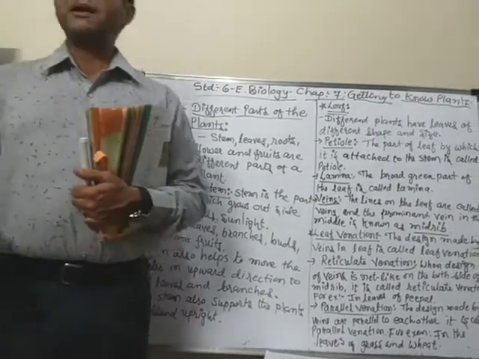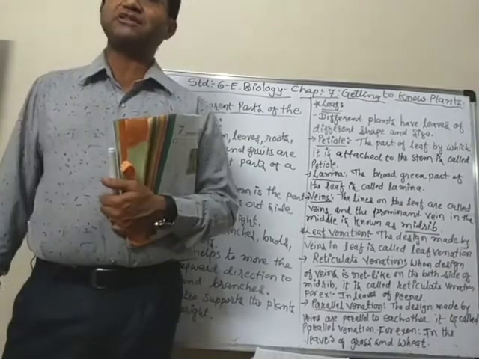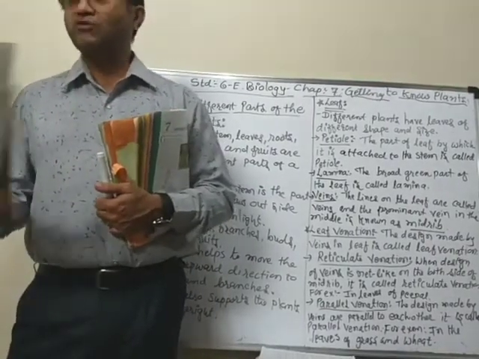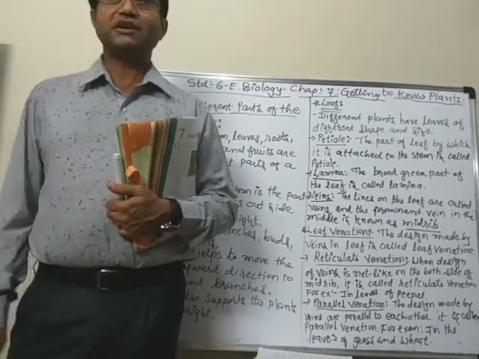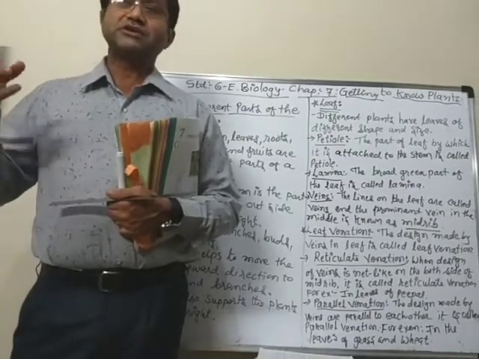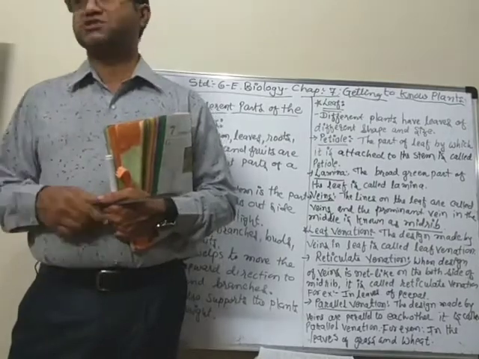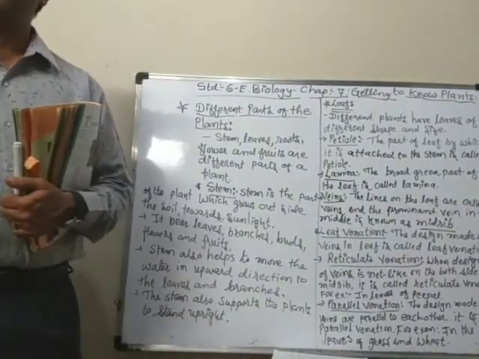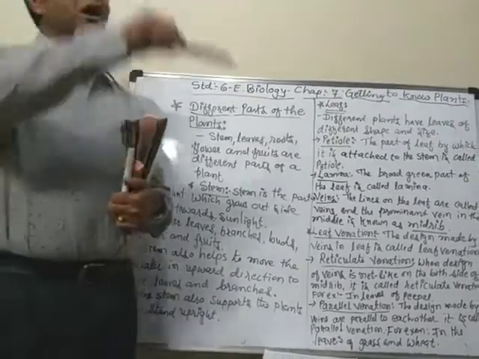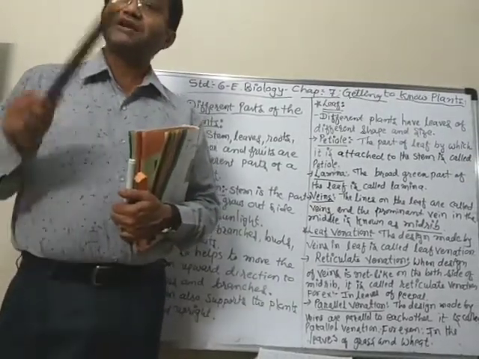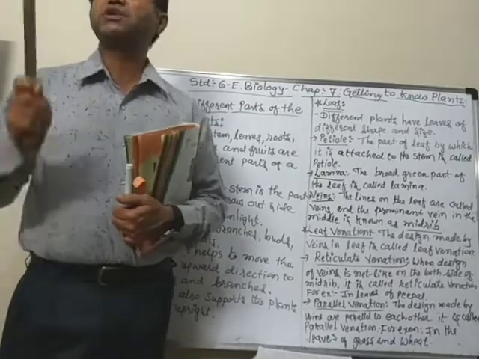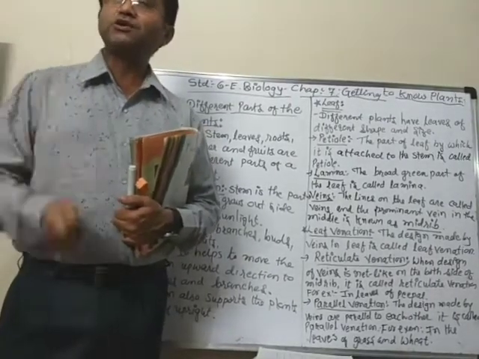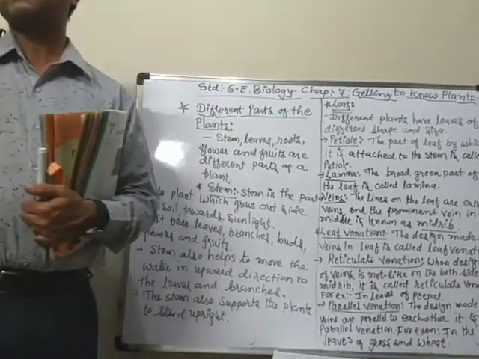Now, carbon dioxide gas is taken in by the stomata of the leaves. But how do they get water? We know that the water is absorbed by the roots. But now, that water absorbed by the root must go up, and then it should reach the leaves. Then and only then can leaves do the photosynthesis process.